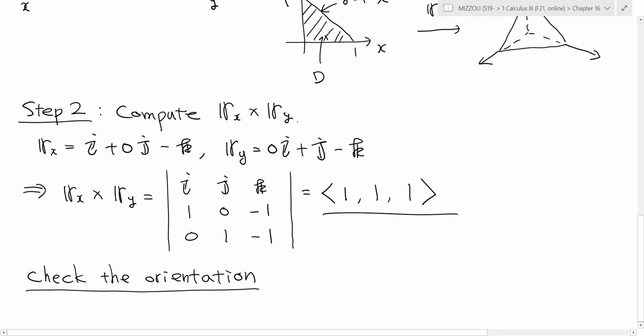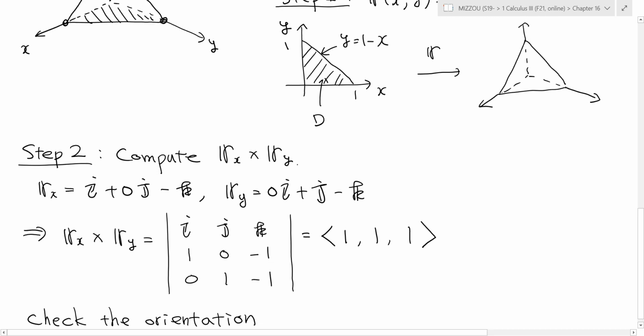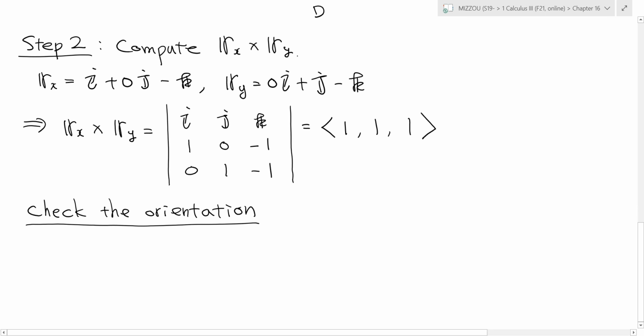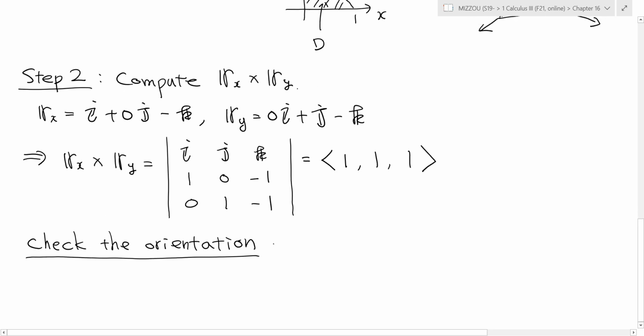Well, vector 1, 1, 1 has positive components for all x, y, z. So indeed, for this, you will actually see that the vector is going like this, 1, 1, 1.